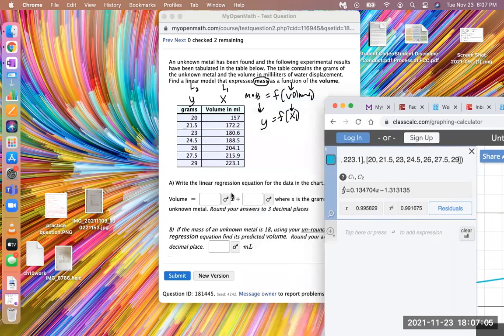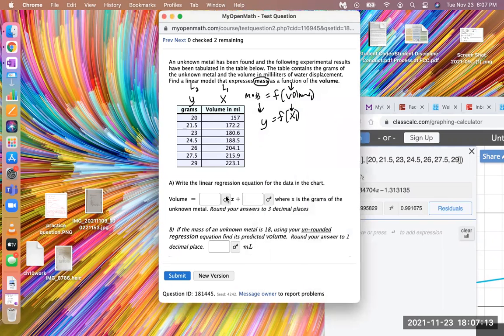So plugging in, they want us to be accurate to 3 decimal places. So they're saying the volume equals. So they're going to want this. Oh dear.